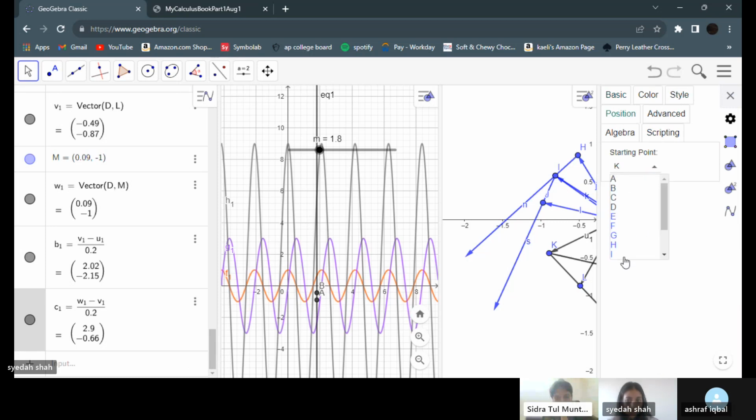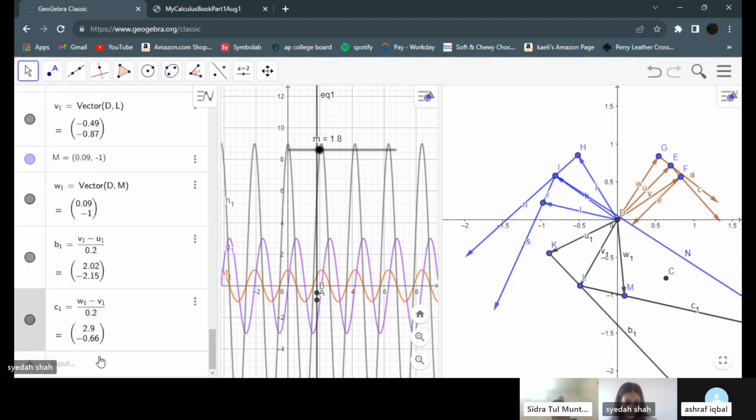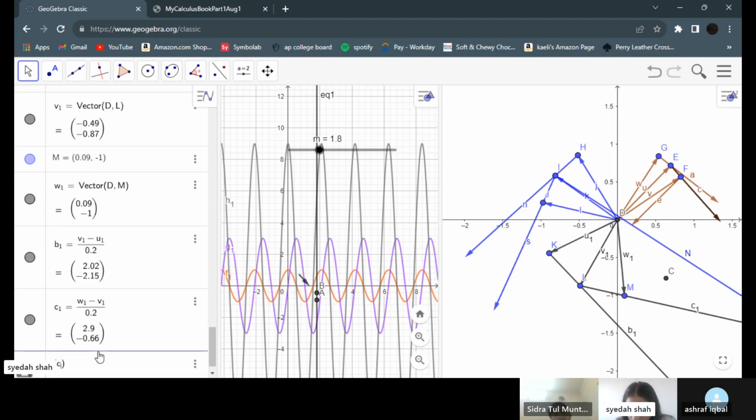Have you clicked on the graphics too? Yeah. Okay, now it's fine. You can check the magnitudes or the lengths of these three vectors. Are you going to find the acceleration?